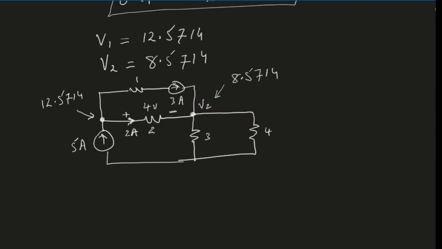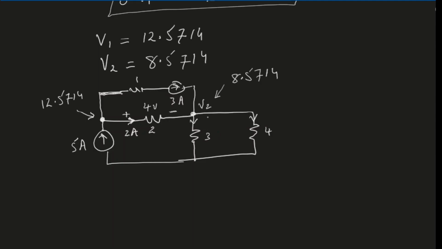And now you see this should make sense because 5 ampere is entering node 1, 3 ampere goes through the upper branch, and 2 ampere must go through the lower branch because the 5 ampere will be divided in these two parts, 3 ampere and 2 ampere. Further, we can calculate the current through the 3 ohm resistor and the 4 ohm resistor.